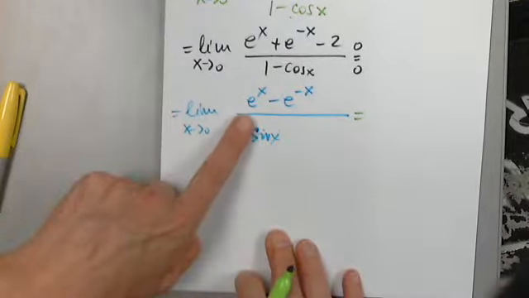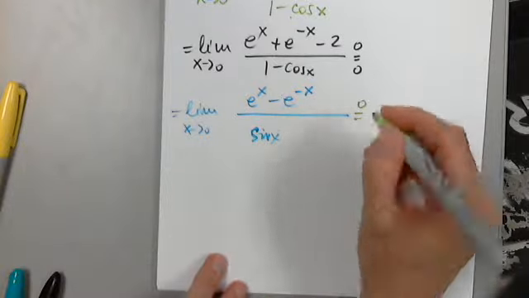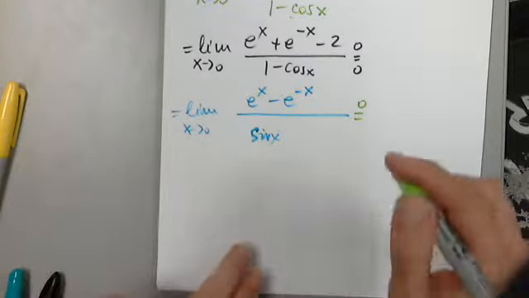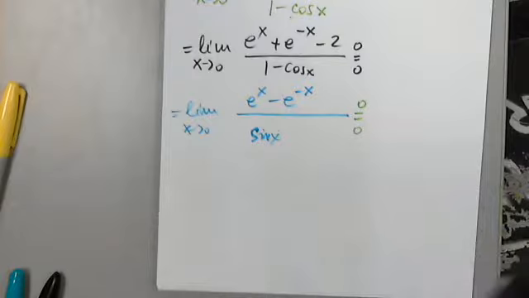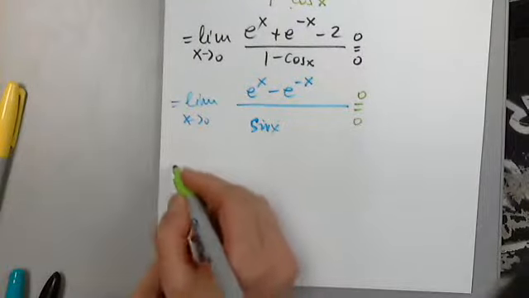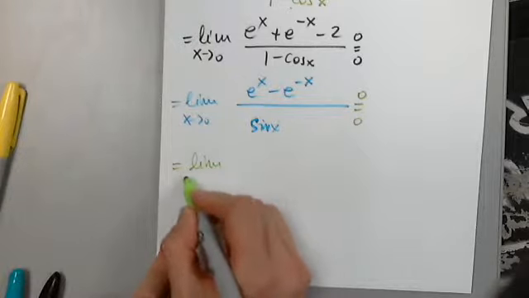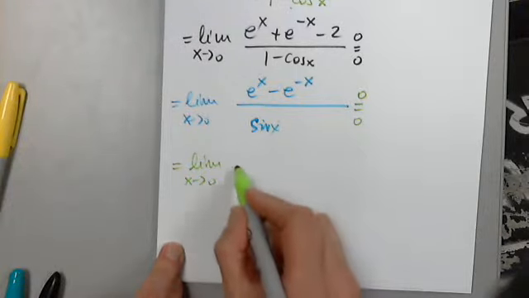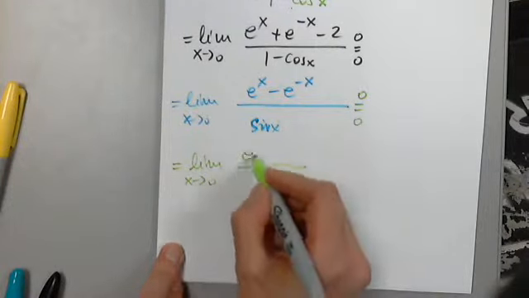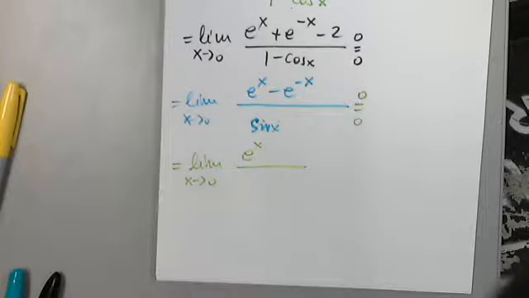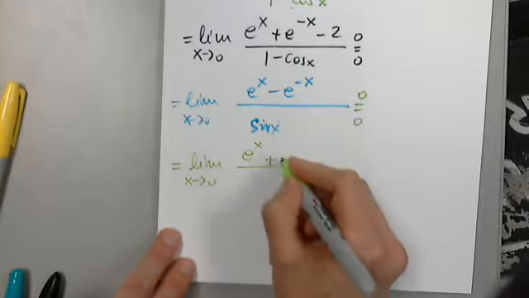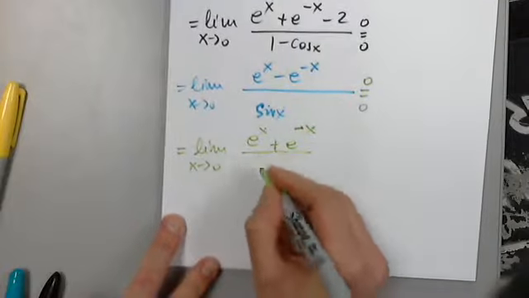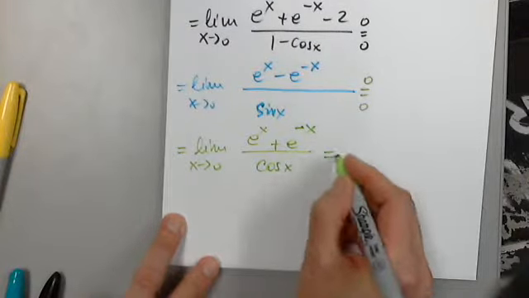The top is 1 minus 1, which is 0. The bottom is sine 0, which is 0. As if I start from scratch with another function. Limit, ratio, 0 over 0. Limit, x approaches 0. The top, e to the x prime, e to negative x prime is positive e to negative x. And I hope that this is the last step.